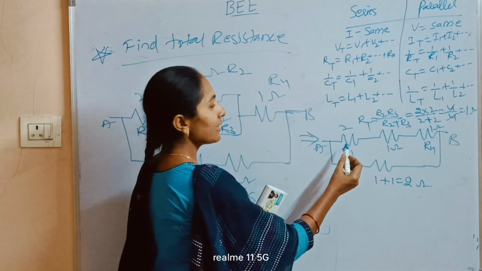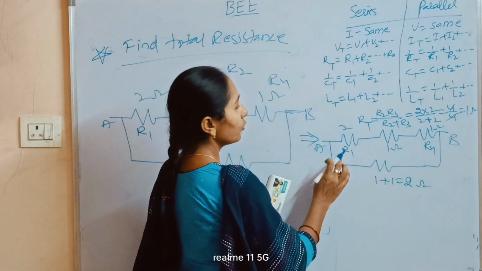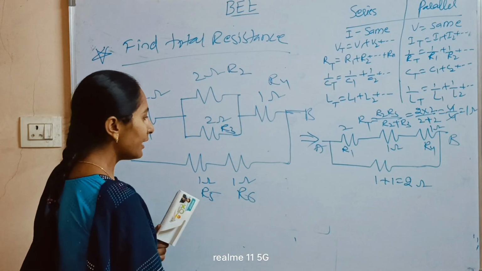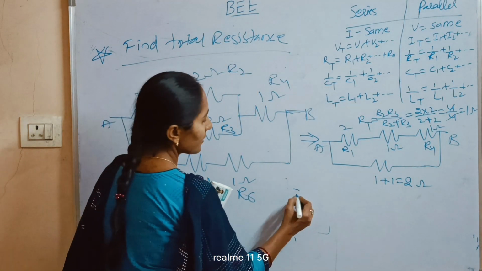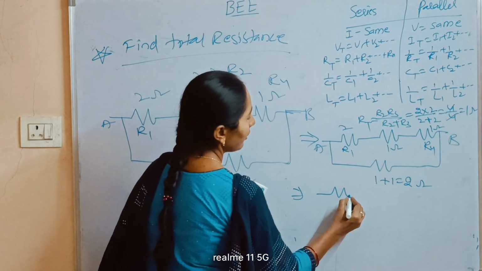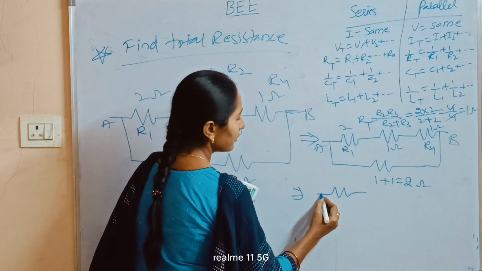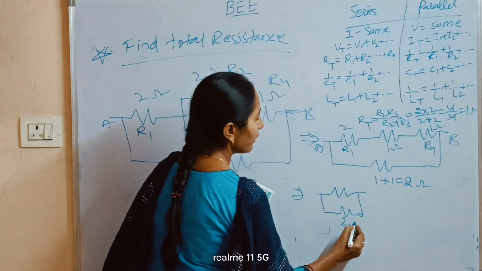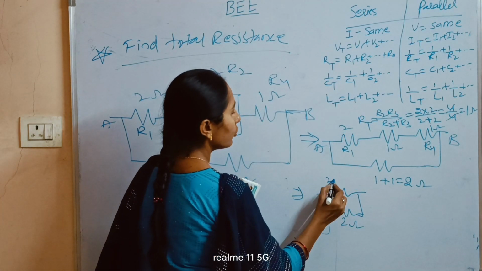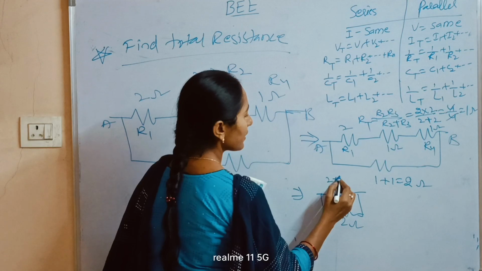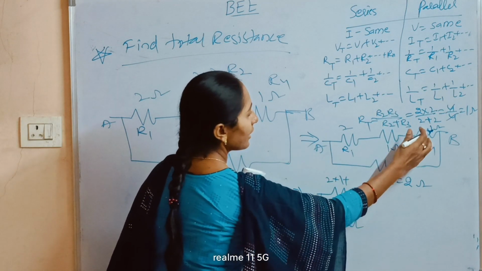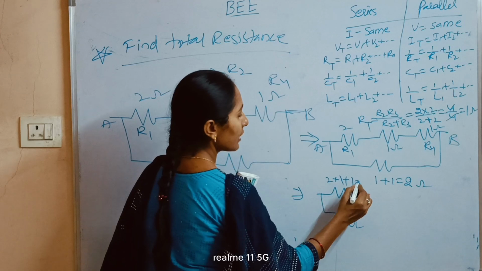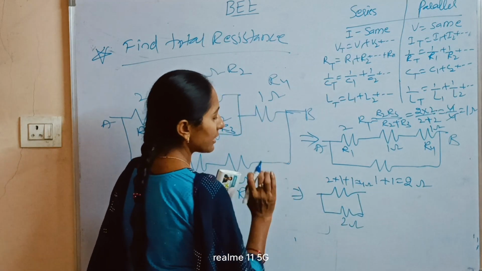Now consider 2 ohm, 1 ohm, 1 ohm. These are in series. So again redraw that circuit as one resistor. So finally we get 2 plus 1 plus 1, which is nothing but 4 ohm for this resistor.